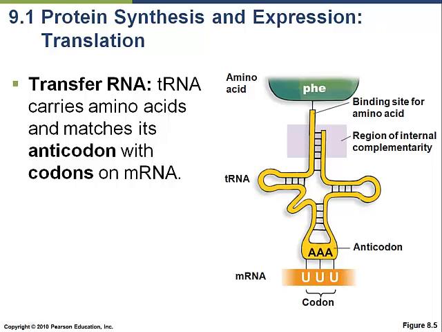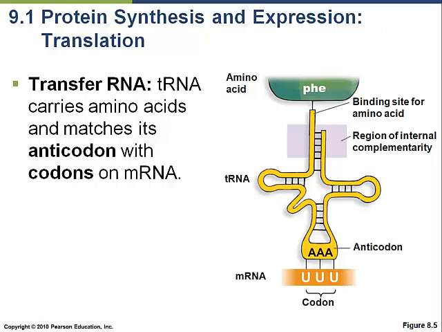Each piece of transfer RNA has two different sites that make up part of its structure. The site closest to the messenger RNA in this particular diagram is referred to as the anticodon. An anticodon recognizes a particular portion of messenger RNA and binds to that messenger RNA.